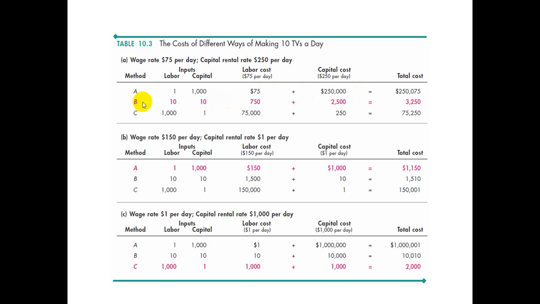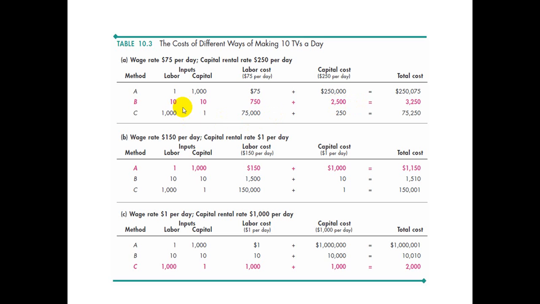Method number B, another combination between labor and capital to get 10 TVs a day. Labor 10, not 1. Capital 10, not 1000. So the result, total cost here equals 750 plus 2,500 equals 3,250. Method number C.